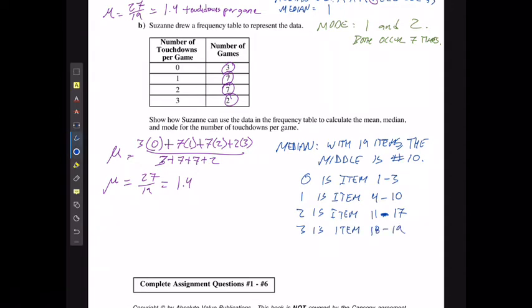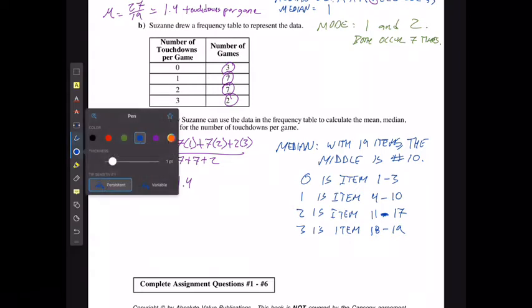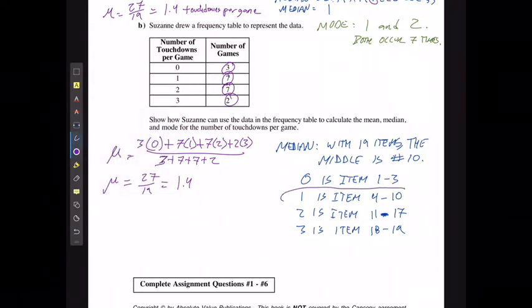If I'm looking for the 10th one, it occurs on number 1.